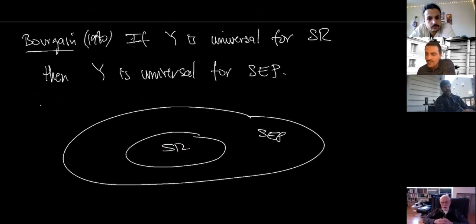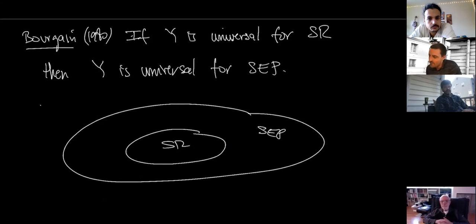Okay. So this is a quite remarkable result, I think, because of course none of the separable reflexive Banach spaces can contain C of 0, 1 because they're reflexive.